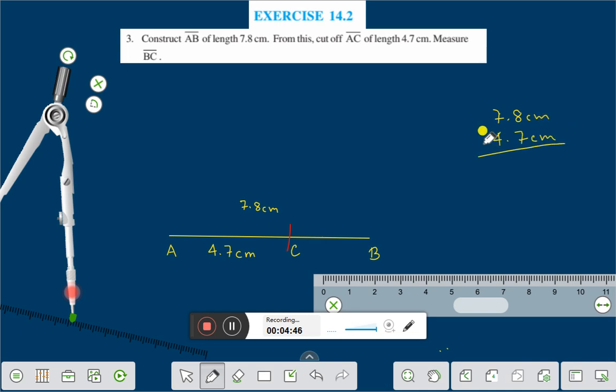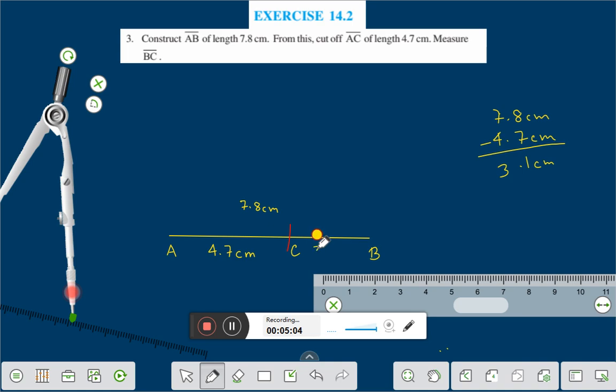If we subtract this, we will get 8 minus 7 is 1, and 7 minus 4 is 3, that is 3.1 centimeter. Therefore, from the figure we can find that the value of CB will be 3.1 centimeter.